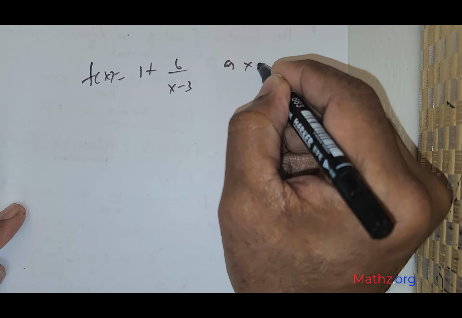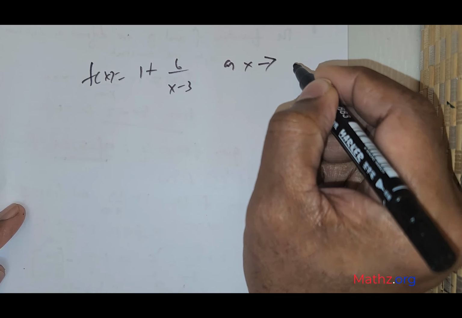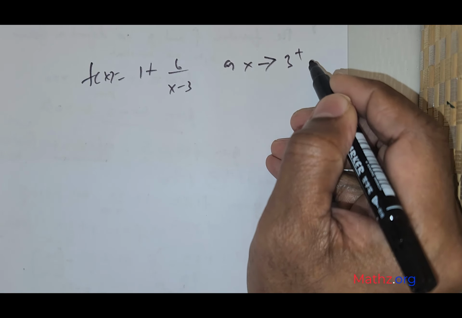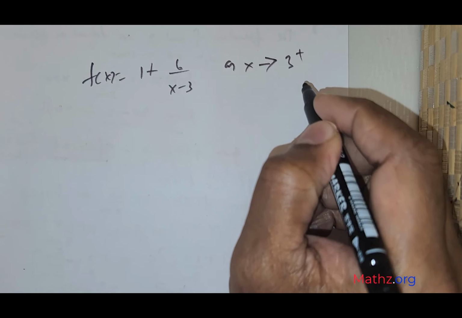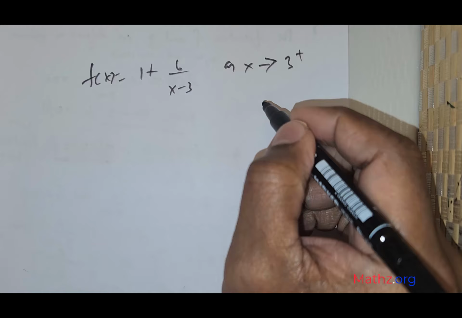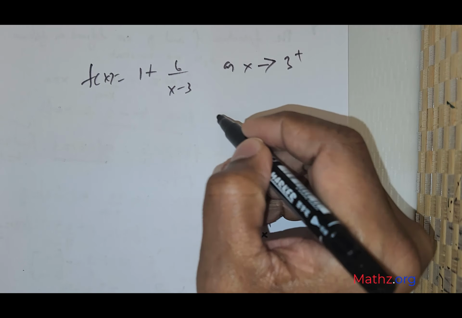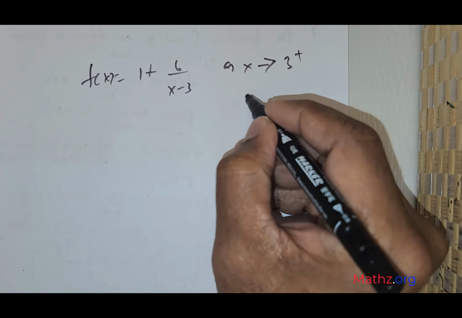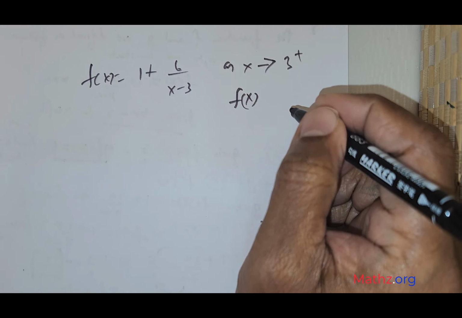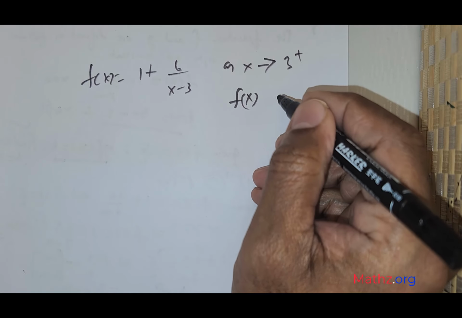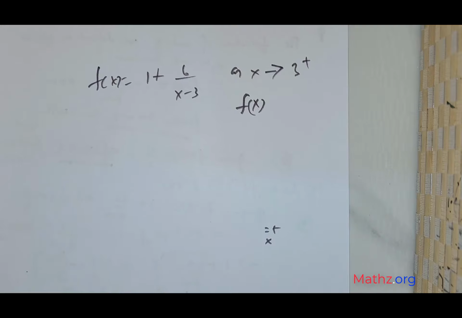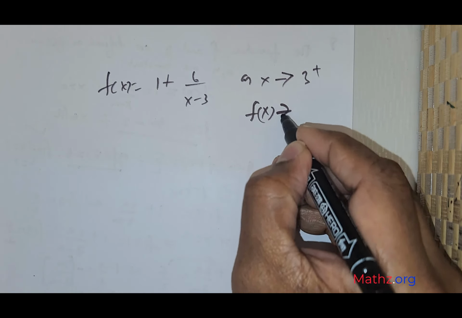Now as x tends to 3 from the positive side, this quantity would result in f of x tending to infinity.